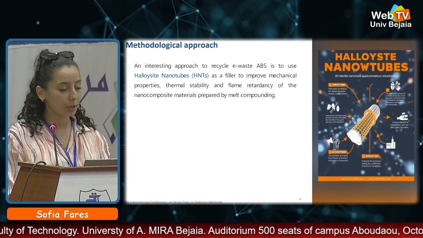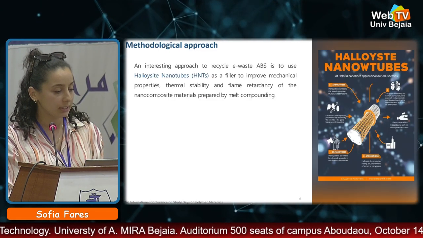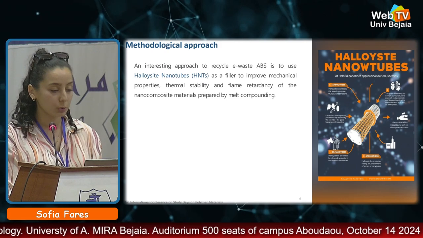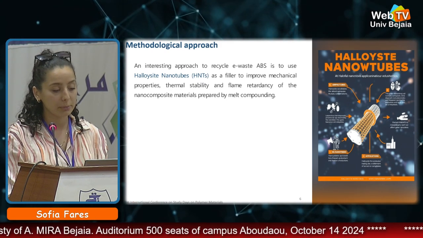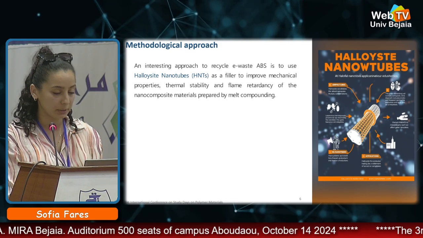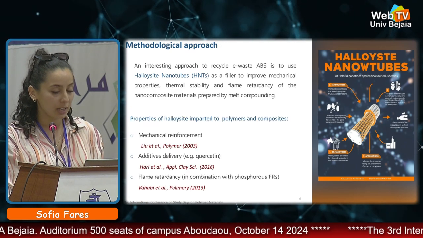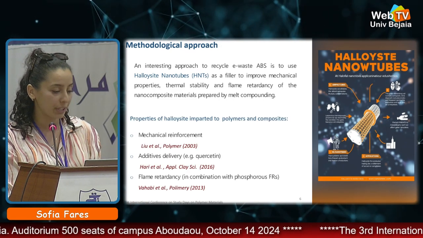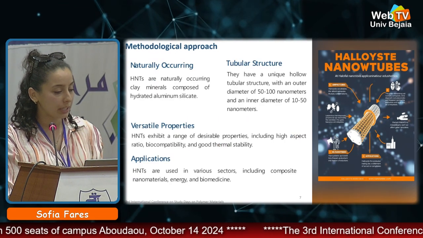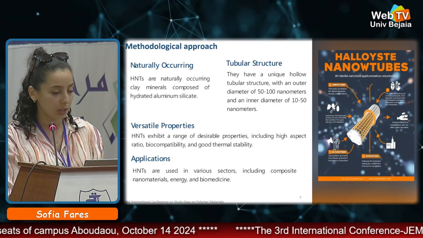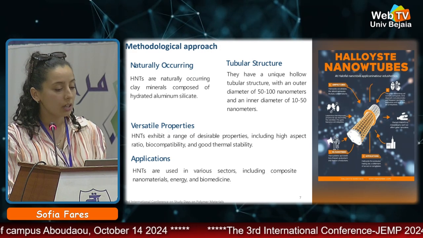An interesting approach to recycle e-waste ABS is to use halloysite nanotubes as filler to improve mechanical properties, thermal stability, and flame retardancy. Several studies have demonstrated the effectiveness of HNT, which is a naturally occurring clay mineral composed of hydrated aluminum silicate.